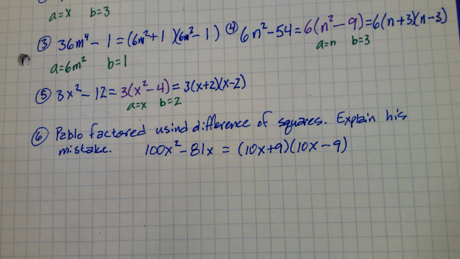Go ahead and write that down. You had 100x squared minus 81x, and you said my answer is 10x plus 9 and 10x minus 9. But there's a mistake there.